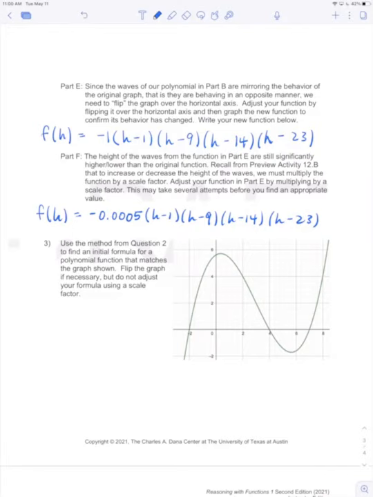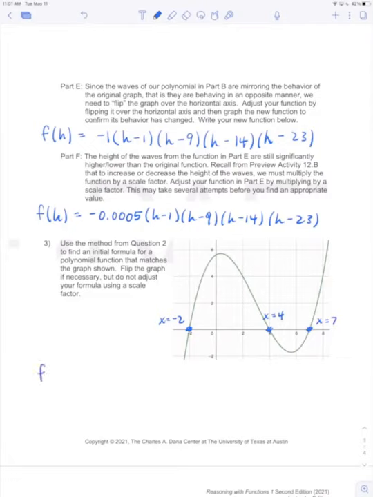All right, so what we could do, first thing I'm noticing, let's look at the intercepts. We have x equals -2, x equals +4, and x equals 7. So let's go ahead and write this function.